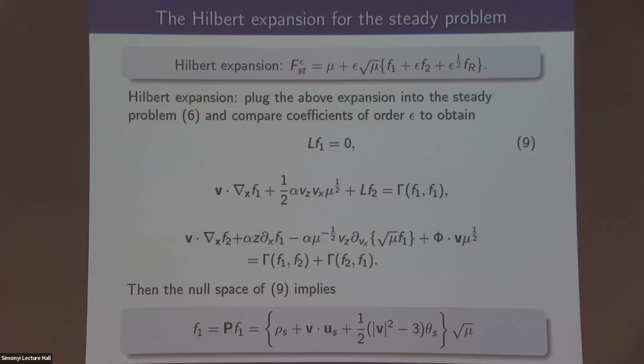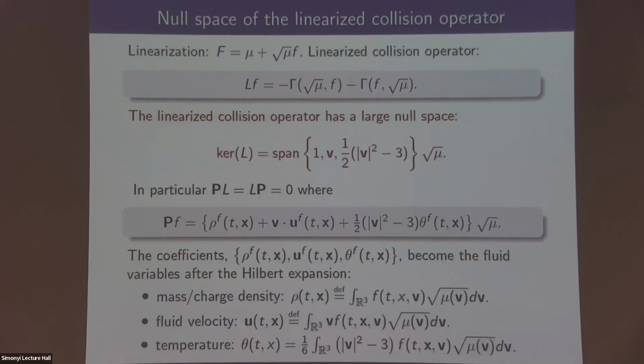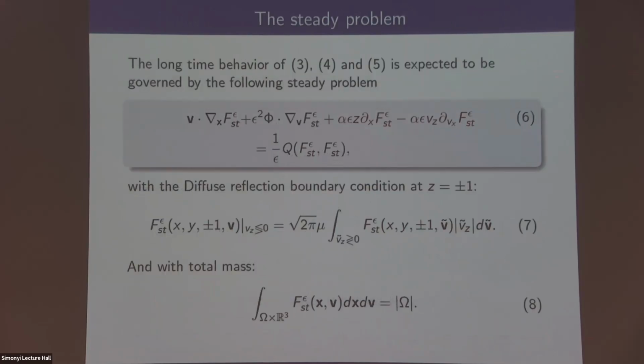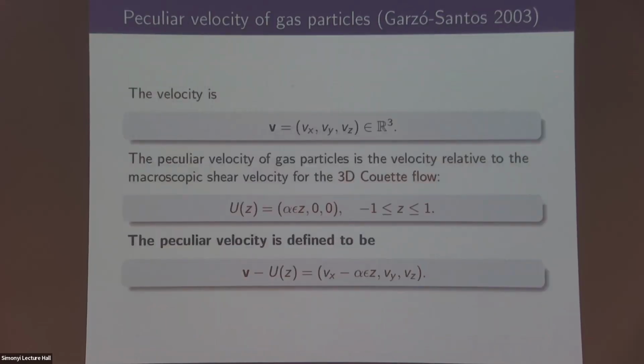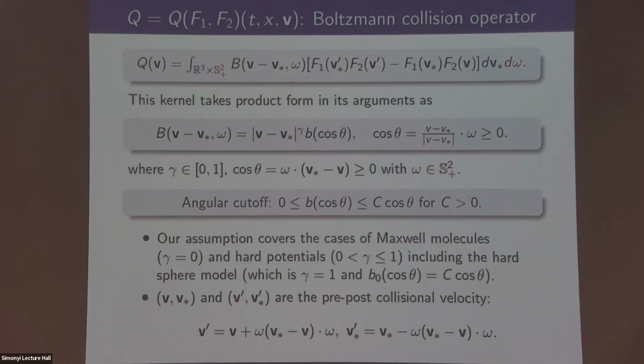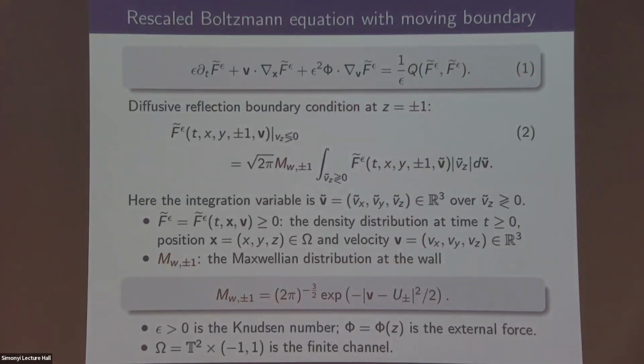And why epsilon to the 1/2? Good question. Instead of going forward, I'll go back. It's because of this 1 over epsilon here. When you plug in the remainder, you get a term that's remainder, and you want to kill this 1 over epsilon.